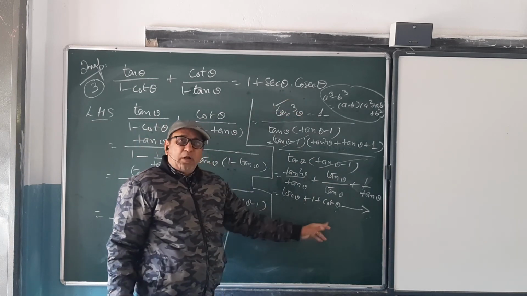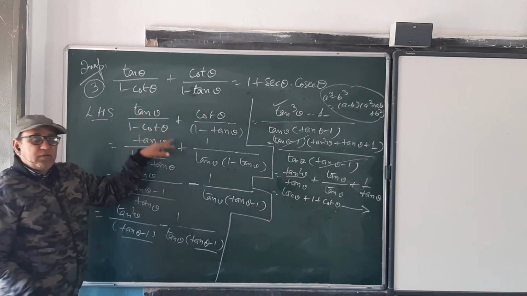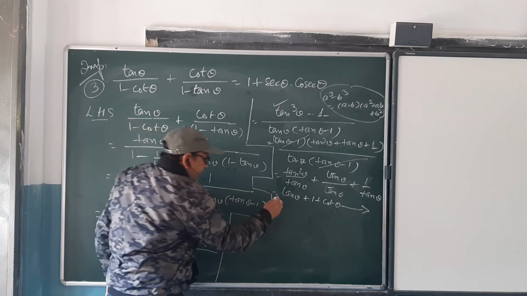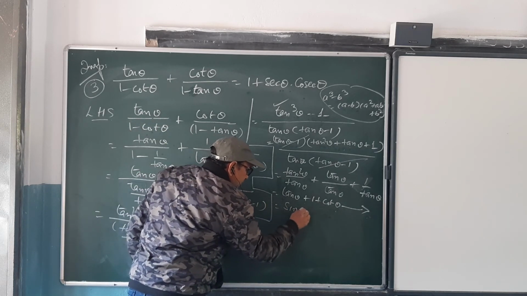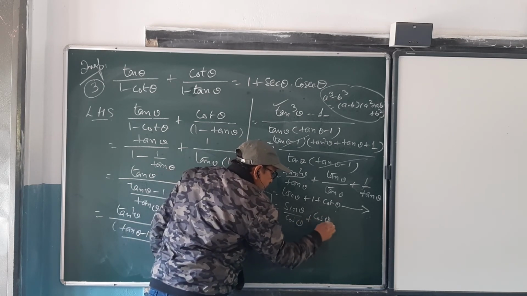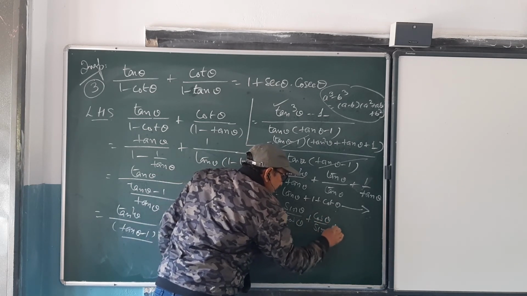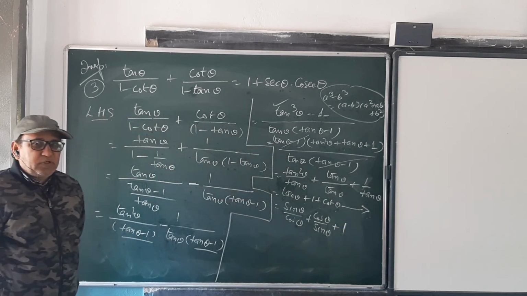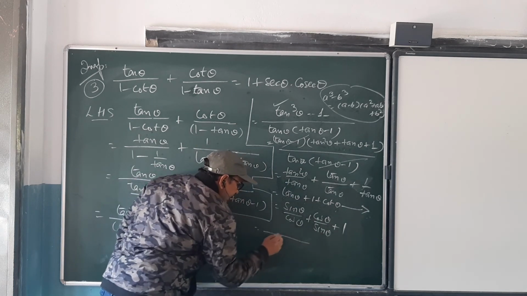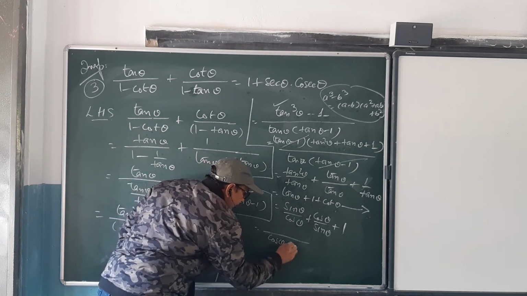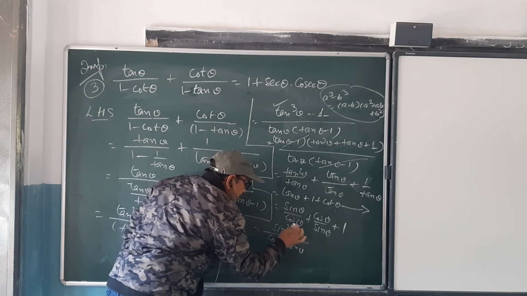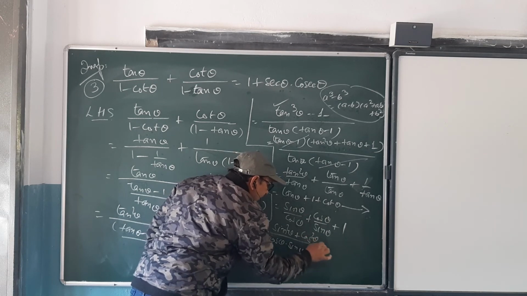Simply change tan and cot to sin and cos now. So tan theta is sin theta upon cos theta, plus cos theta upon sin theta, plus 1. The LCM is cos theta into sin theta: sin into sin, sin square theta, plus cos into cos, cos square theta, plus 1.